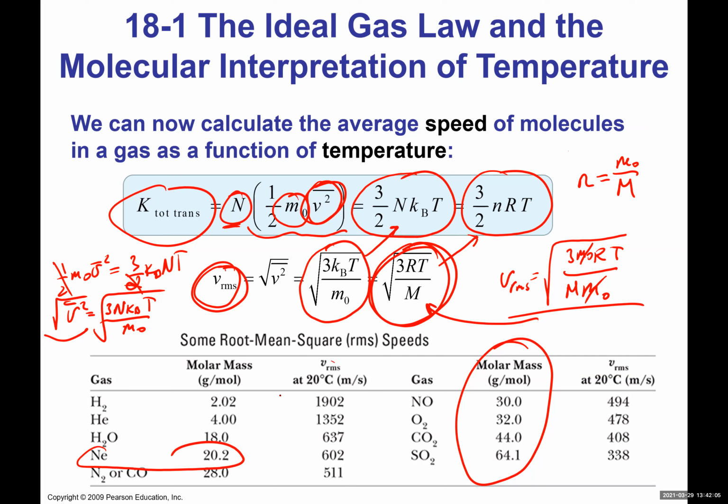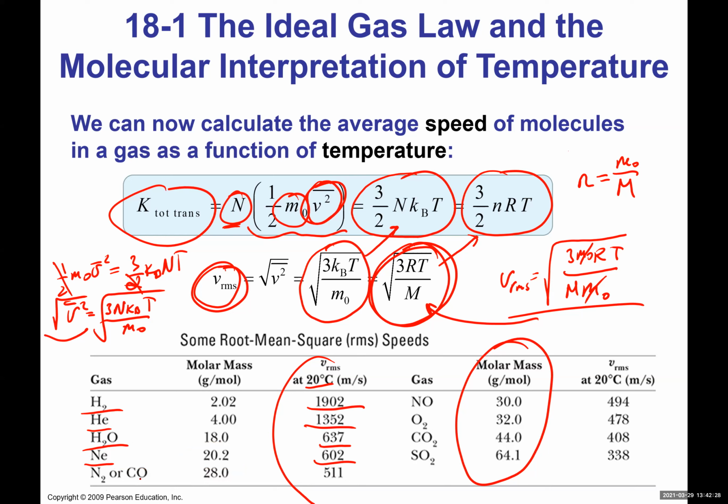And you can see here the RMS speed for different gases. You have hydrogen, 1902 meters per second at 20 degrees Celsius. Helium, 1352 meters per second at 20 degrees Celsius. Water, H2O, 637. Neon, 602.